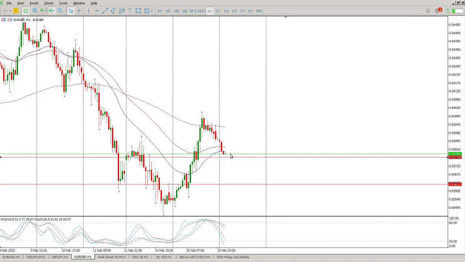If we start getting some inside bars or pin bars or something off this level here at 0.83768, then I would look for opportunities to buy into this for a continuation of the upside, which would basically be this first swing lower here. So it would be something like that. So you've got a target somewhere around 0.84200.